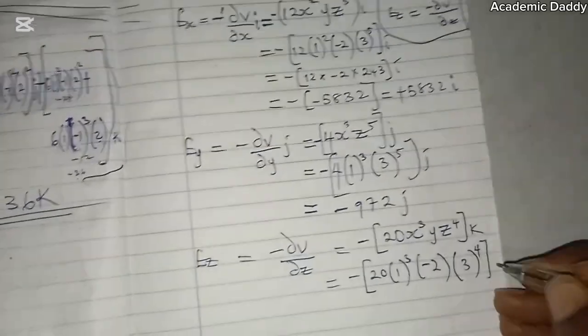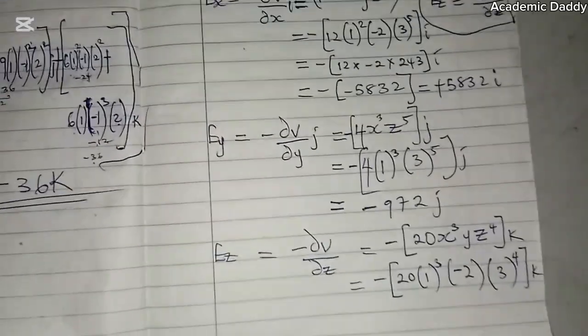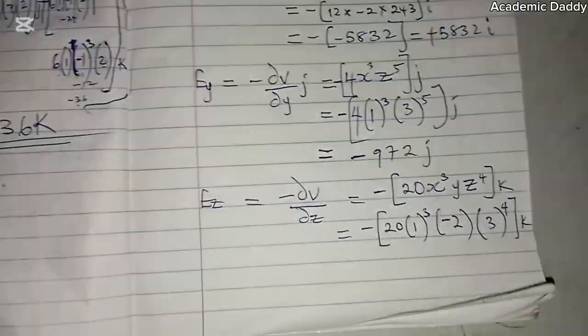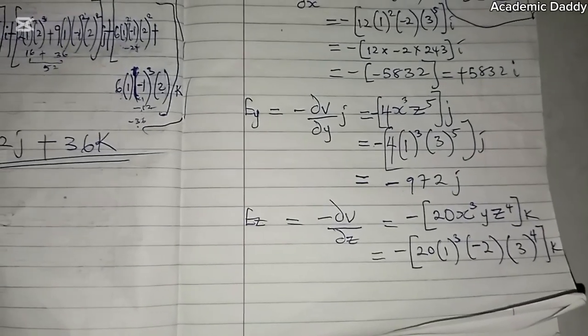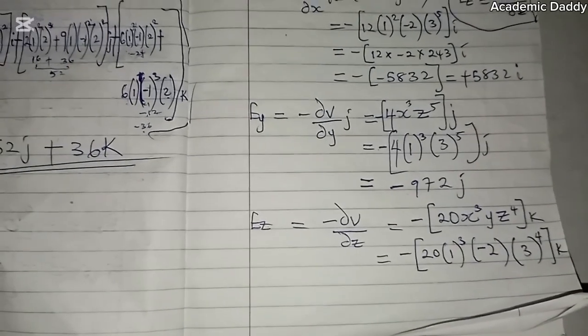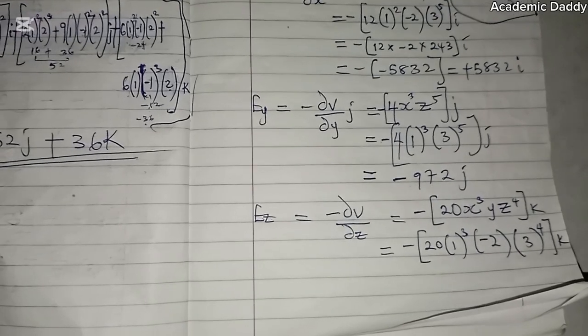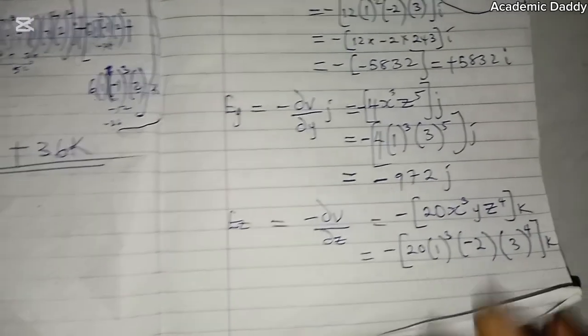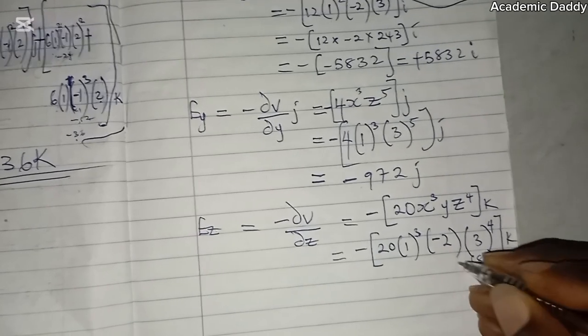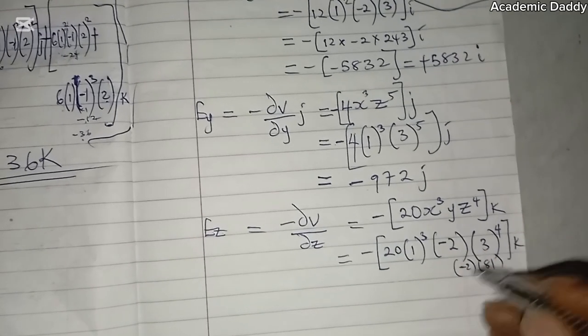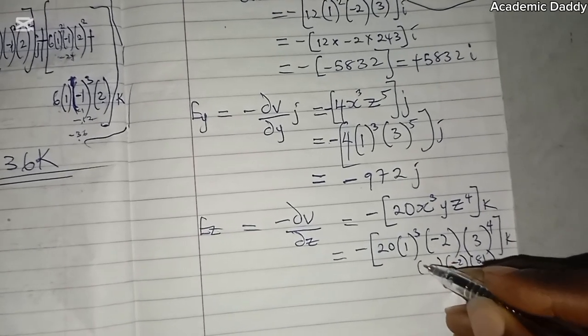And remember it's on the k. So this is going to be 3 raised to power 4. 3 raised to power 4 is 81. 81 times minus 2, then times 20.